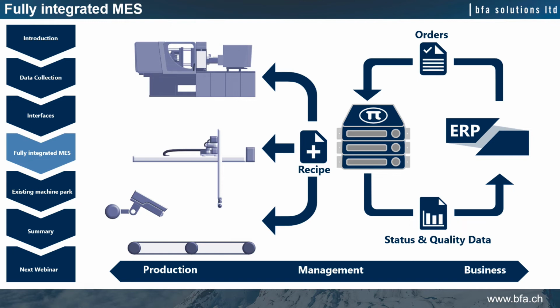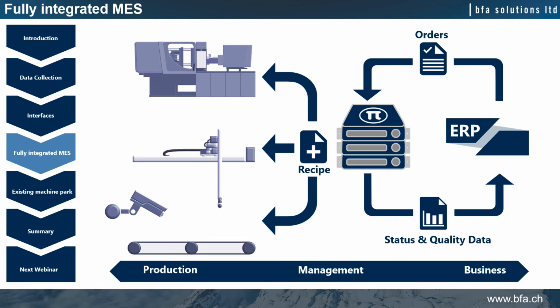The MES is the central bridge between production and business level. This is the horizontal integration and the direction towards smart production and Industry 4.0. When there is communication between all production equipment, this brings a fully integrated MES system from concept to reality.